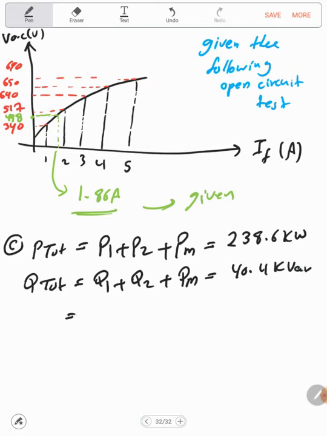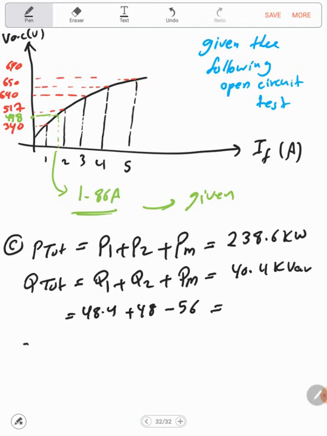Now let's remember Q1 was equal 48.4, Q2 was 48, QM was minus 5.6 because the machine in this case is supplying a reactive power to the grid, so the machine is acting as a capacitor. So simply we are reducing the reactive power consumed from the grid.